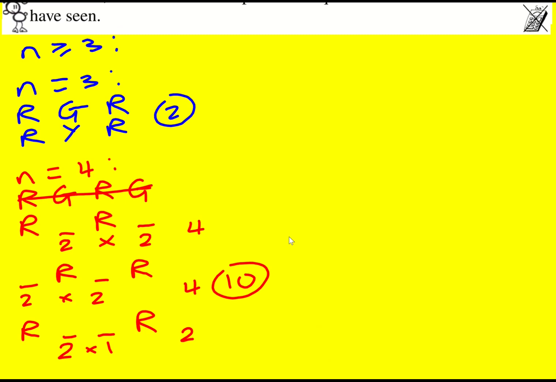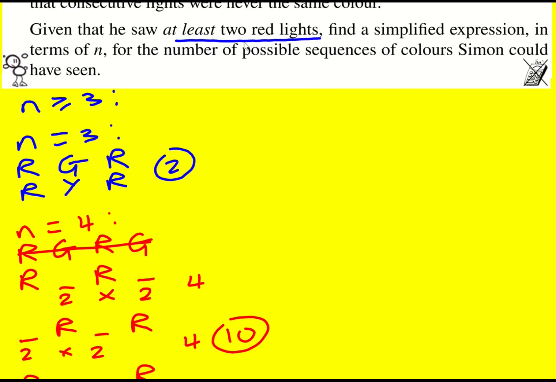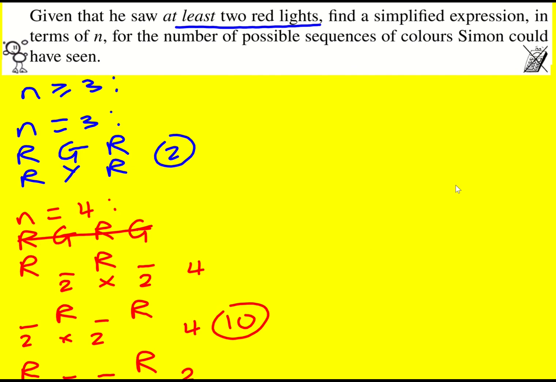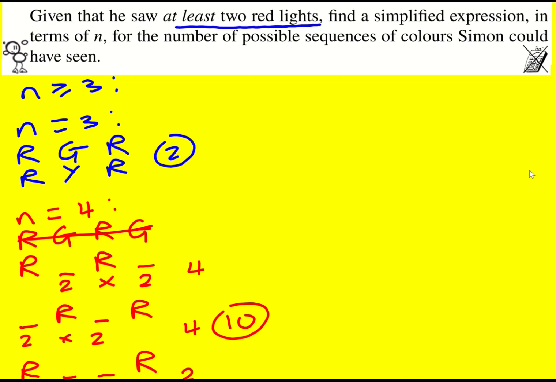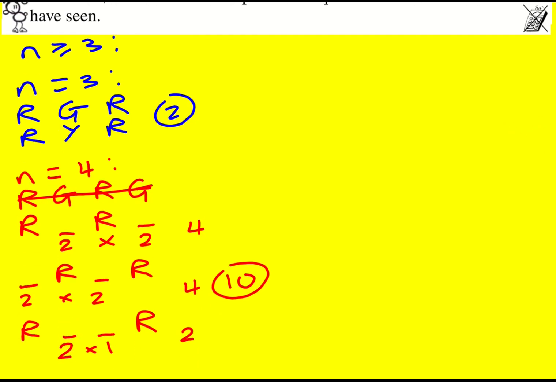Now, we've got this restriction of at least 2 red lights. So why don't I look at the case where I could have any number of red lights, including 0 or 1, and then subtract the number of sequences when I get 0 red lights or 1 red light.